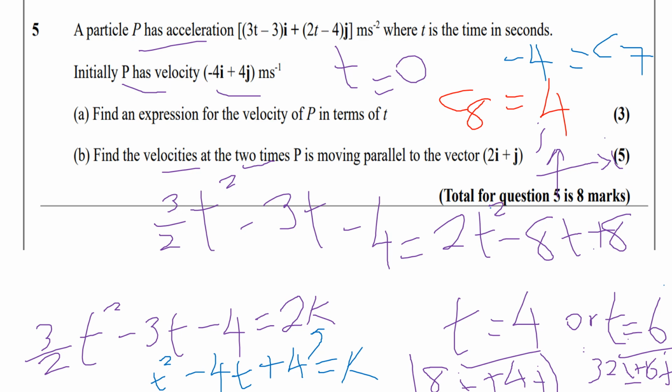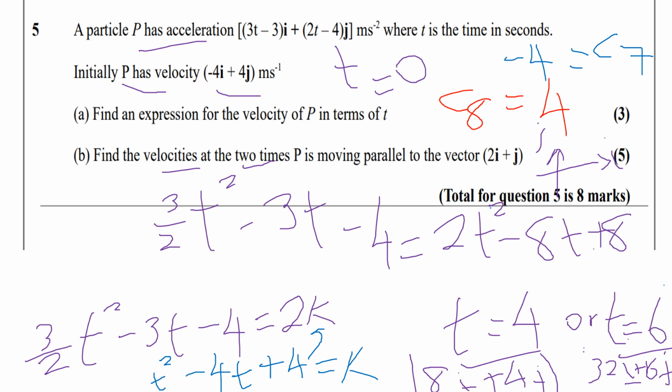Sorry if that went a bit fast, but hopefully that makes sense. Check if you're unsure. We solve the quadratic as we normally do, make it equal to 0, factorize, complete the square, or use the quadratic formula. You get t is 4, t is 6, and the final part is to sub in those t values to work out the component vectors which are parallel to that.